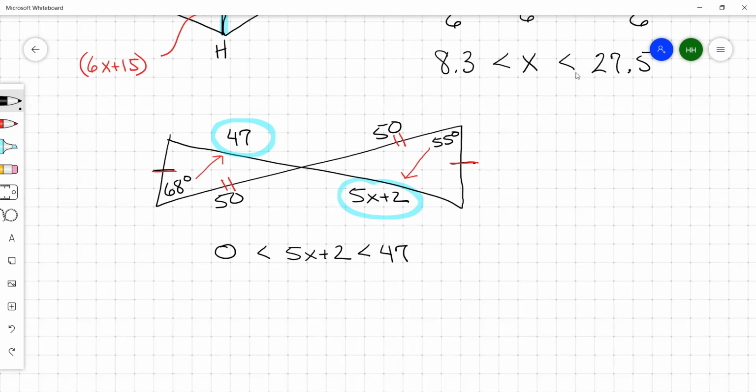When you set the lower limits of this, you have to set the side to be greater than 0. So we're going to subtract 2 from the middle, from the right, and from the left. So we get negative 2 is less than 5x, which is less than 45.